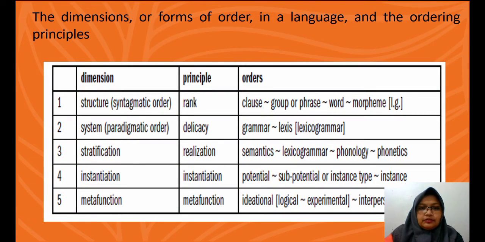The dimensions or forms of order in a language and their ordering principles are: structure or syntagmatic order, system or paradigmatic order, stratification, instantiation, and metafunction. For structure, the principle is rank, and the orders are clause, group or phrase, word, and morpheme. For system or paradigmatic order, the principle is delicacy, and the orders are grammar and lexis, or lexicogrammar.